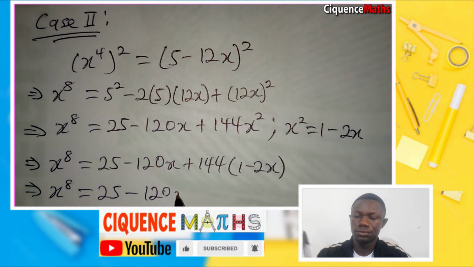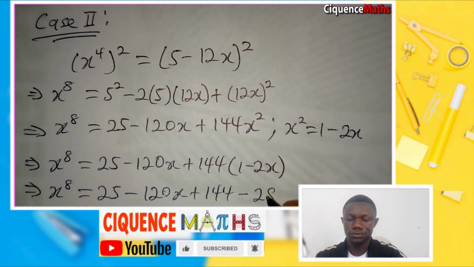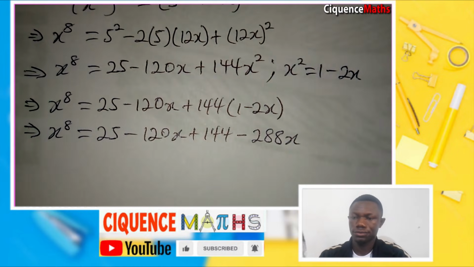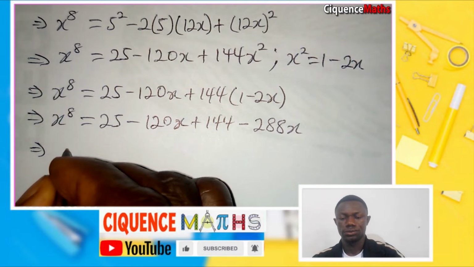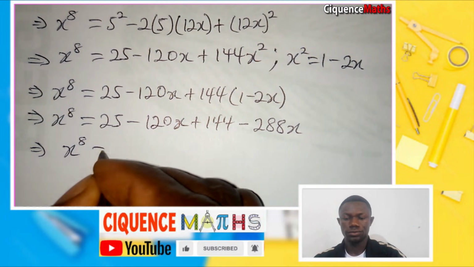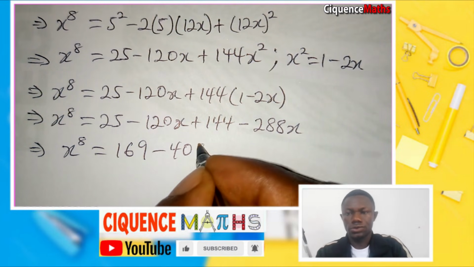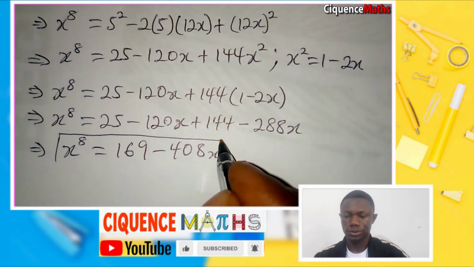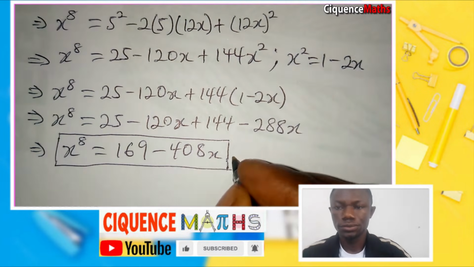X exponent 8 equal to 25 minus 120x plus 144 minus 288x. Then we simplify by adding like terms. So 25 plus 144 gives us 169, and negative 120x minus 288x gives us negative 408x. Then we name it equation 2.